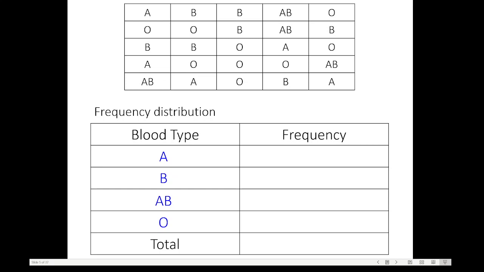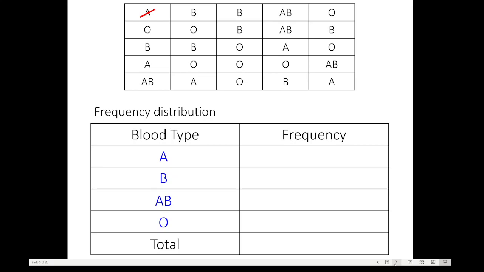So in this situation, you have to go through the raw data set and figure out how many of the data are considered to have blood type A, and so on, B, AB, and O. Okay, and this process is called tallying, where you just count the number of elements in your data set representing each blood type.